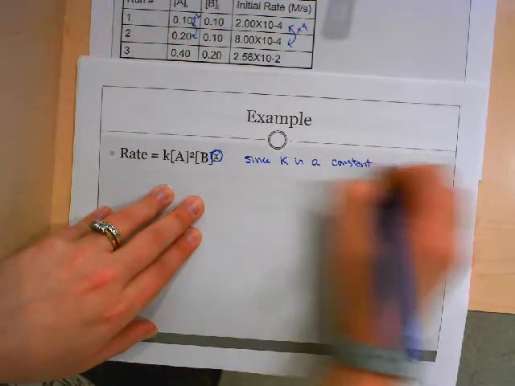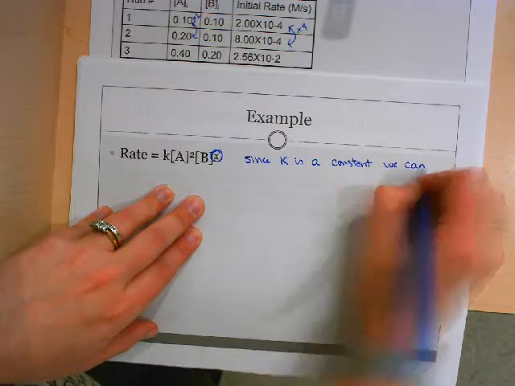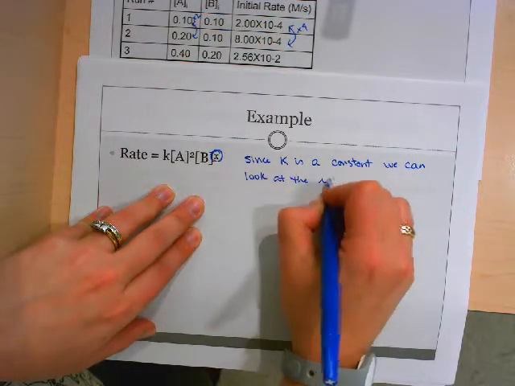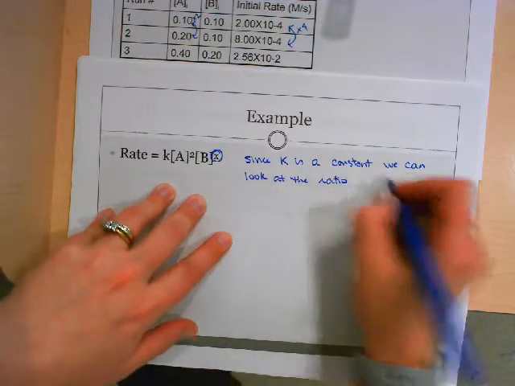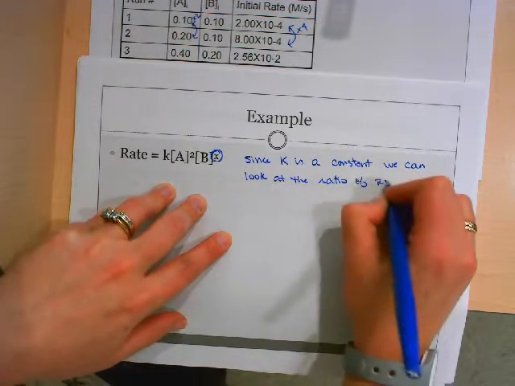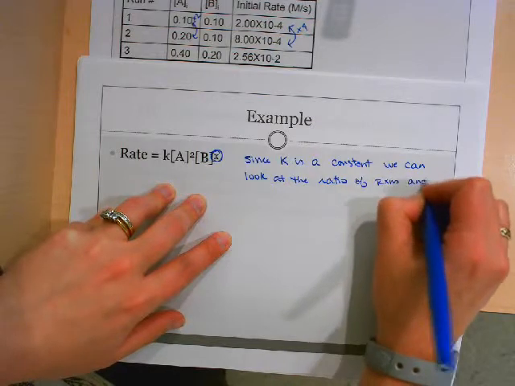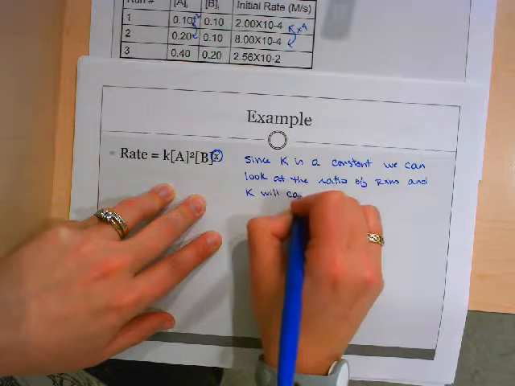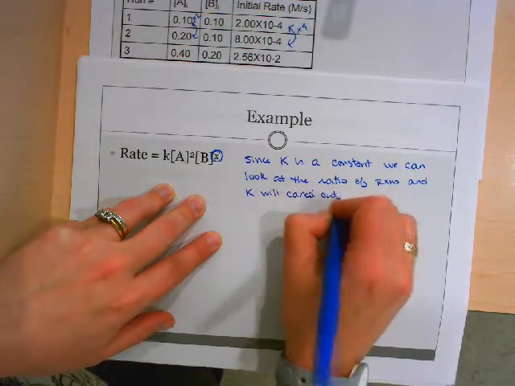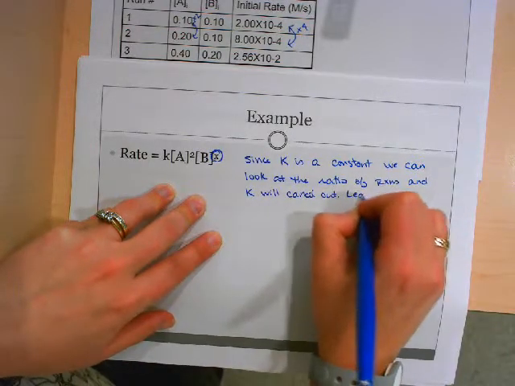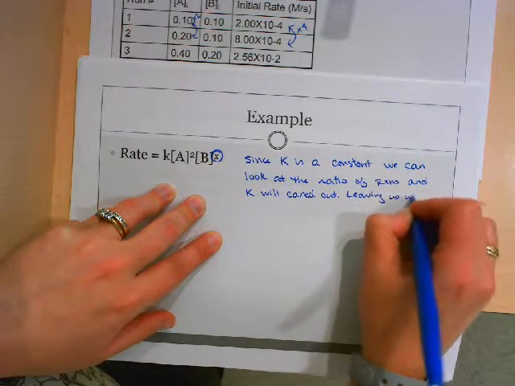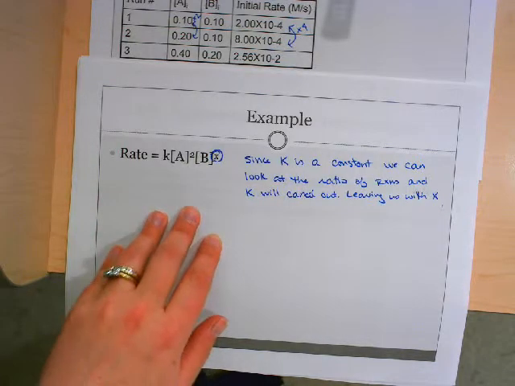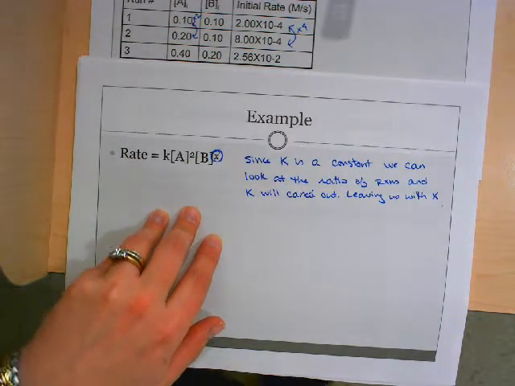Okay, since K is a constant, I can look at a ratio of 2 sets of experimental data.